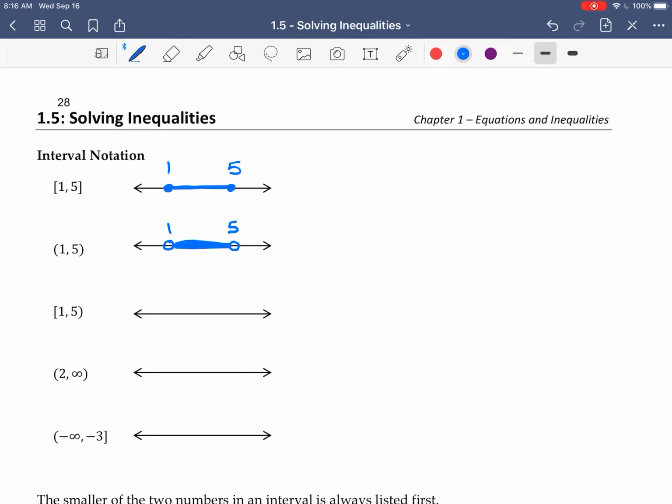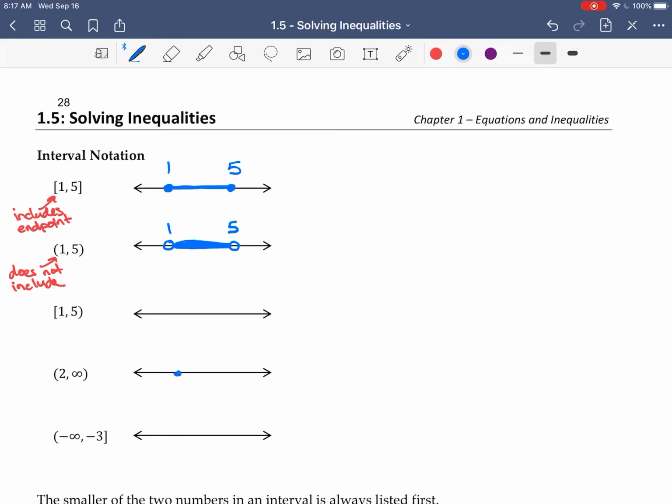From 2 to infinity, but we're not including 2, so maybe I should write: the square bracket includes the endpoint, the round bracket does not. So here we have a round bracket around the 2, and then it goes all the way to infinity.